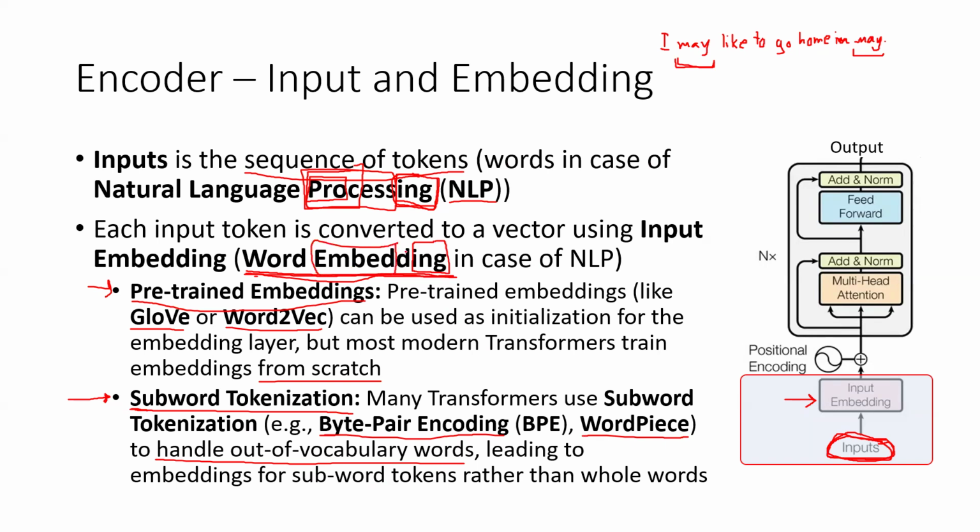Maybe you can use embed, d, and ing as three tokens instead of using embedding, because embedding is not in the vocabulary. So instead of using embedding as a single token, you can use these three tokens and continue with the transformer model. This is another advantage of using subword tokenization instead of full word tokenization.